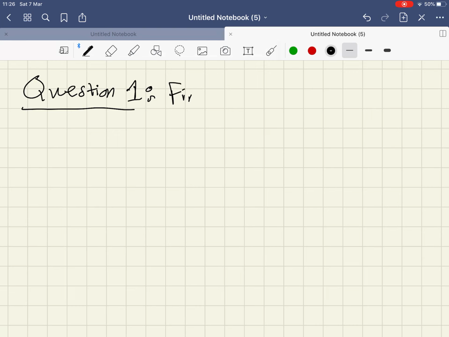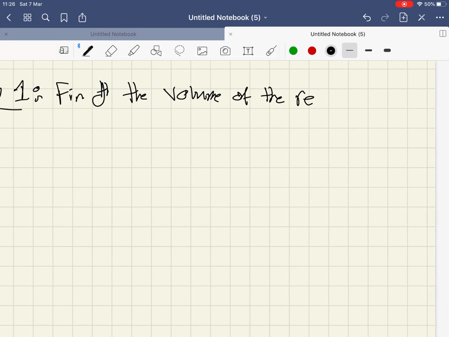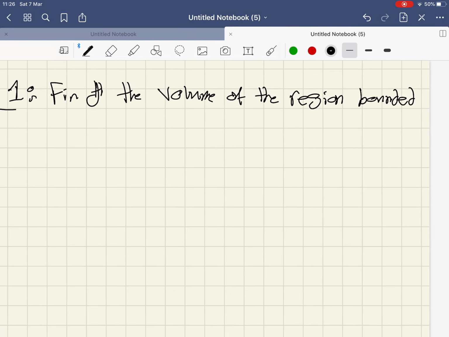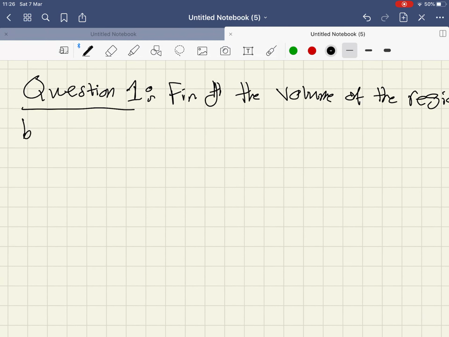We say just find the volume of, of course I should have a region like before, the region bounded by the curves. Now I have a couple of curves. The first one is y equal x plus 1. This is just a usual line. Okay, what else do I have?